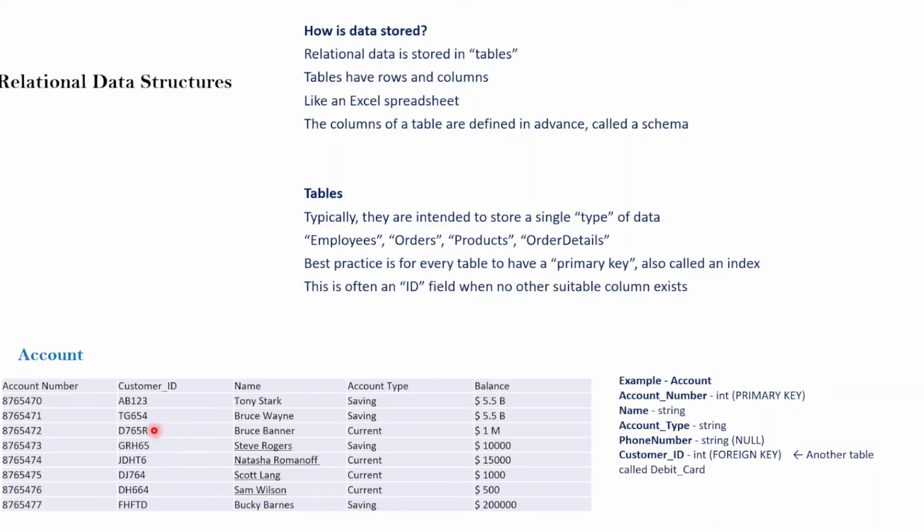Here is a more detailed elaboration of this table. I'm taking an example, account. The account number is an int primary key here. Primary key means there will be no duplicate record for this one particular account number. Then the name, we are defining it as a string.